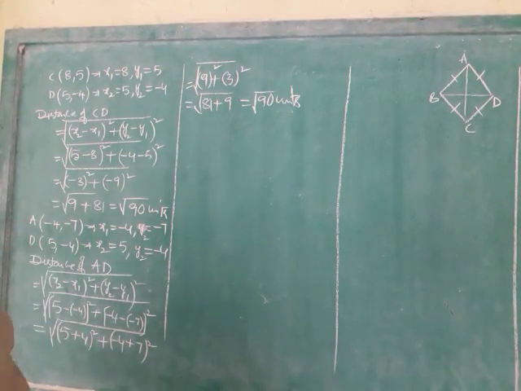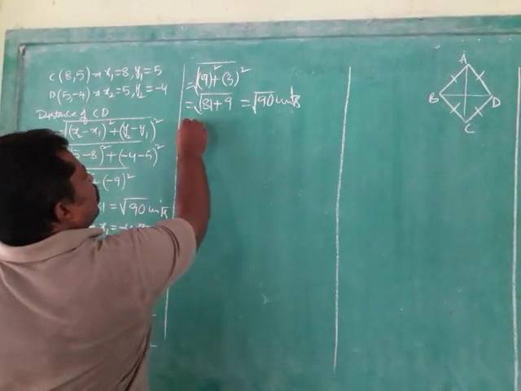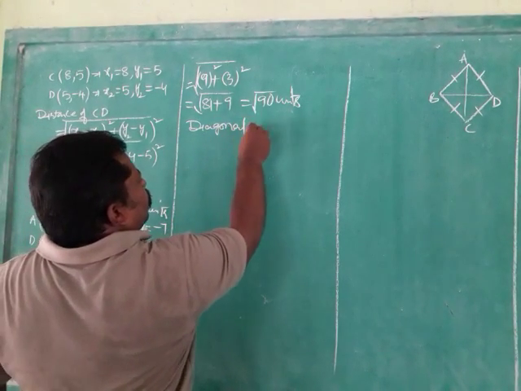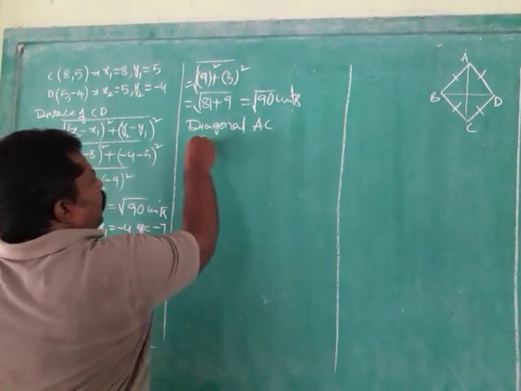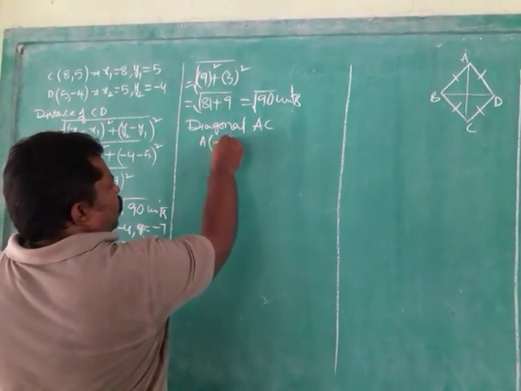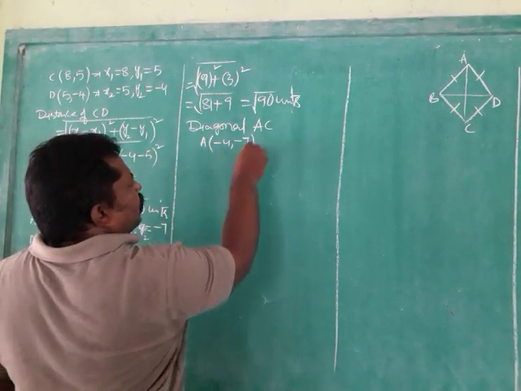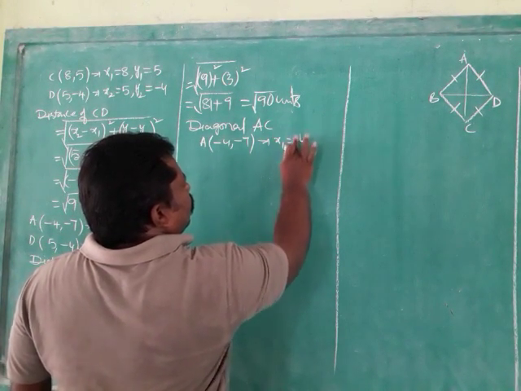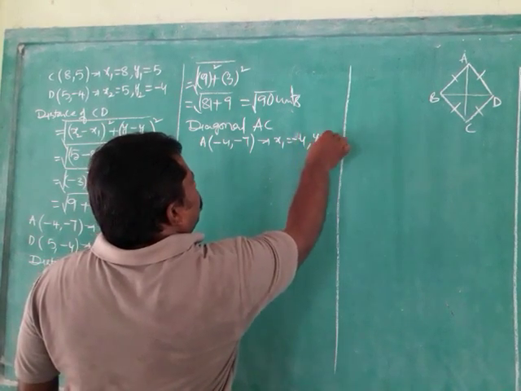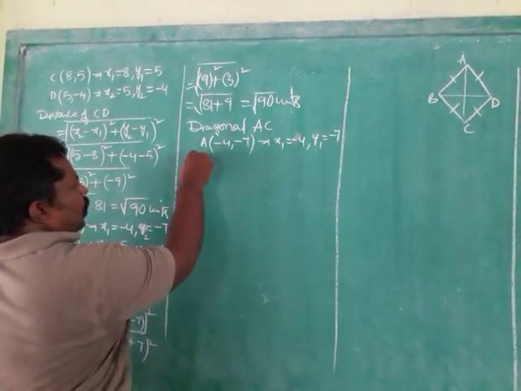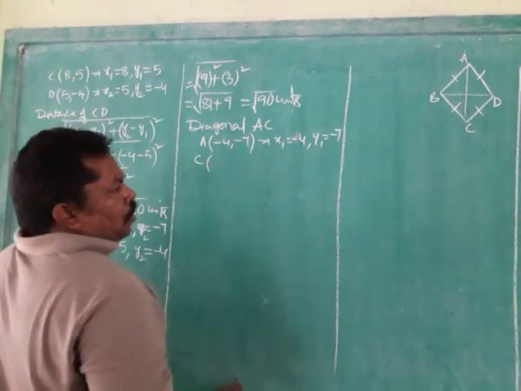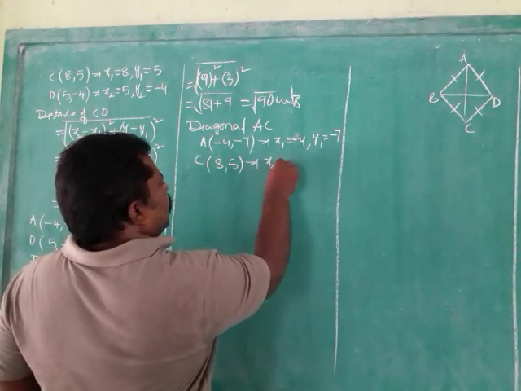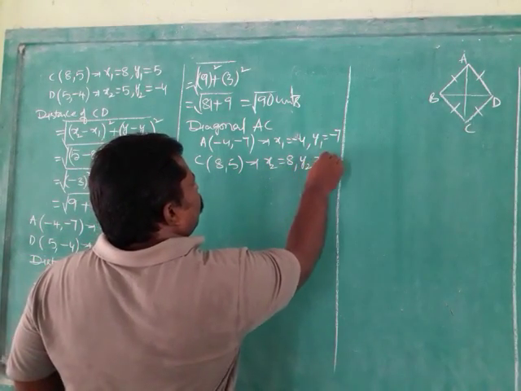Now going to diagonals. Diagonal AC. A value is (-4, -7). That implies x1 is equal to -4, y1 is equal to -7. C value is (8, 5). That implies x2 is equal to 8, y2 is equal to 5.